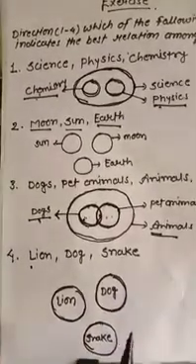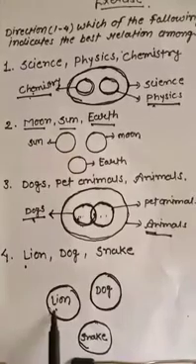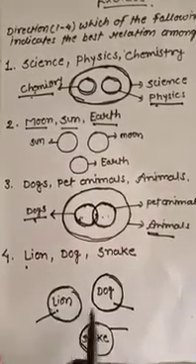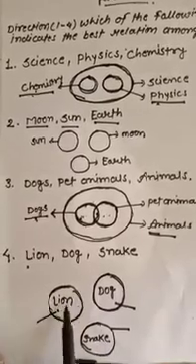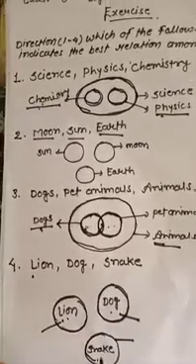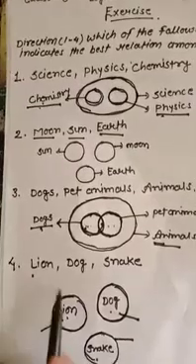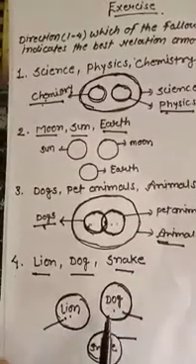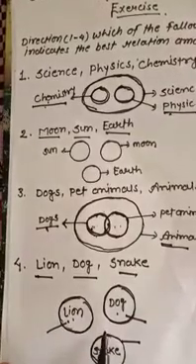Because lion is a different class, dog is a different class, and snake is also a different class. There is no relationship between lion, dog, and snake. So that's why these three classes will be represented by separate circles. These are the representations of Venn diagrams for the given questions.